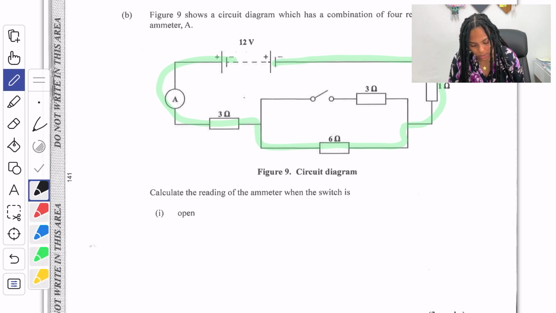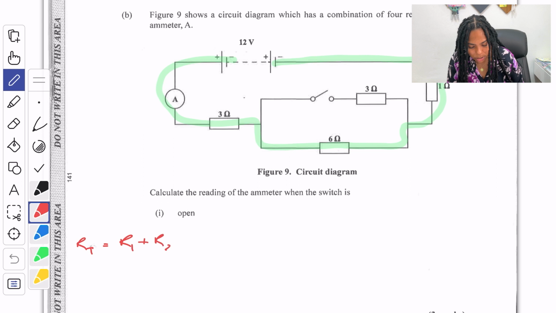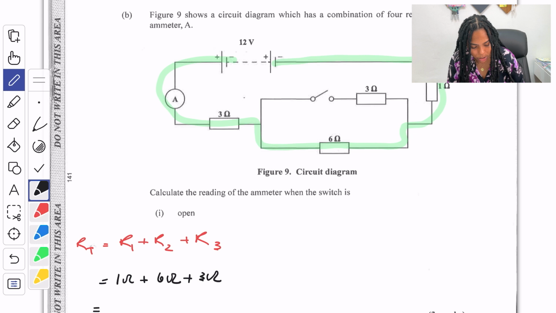So the reading on the ammeter, first I have to find the resistance. So total resistance in a series circuit is R1 plus R2 plus R3. So that is 1 ohm plus 6 ohms plus 3 ohms, which gives me 10 ohms.